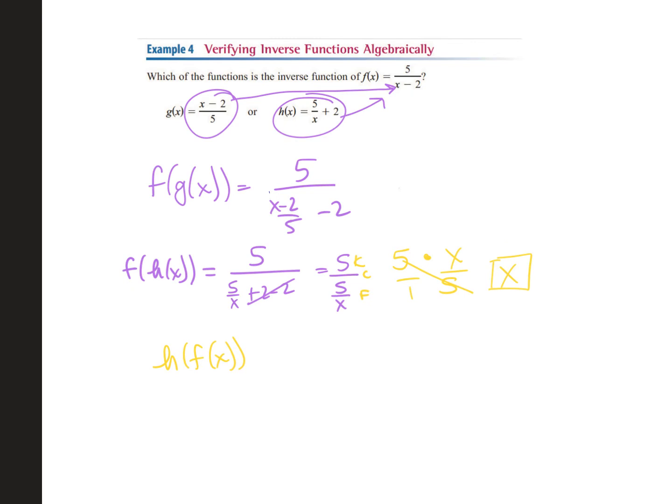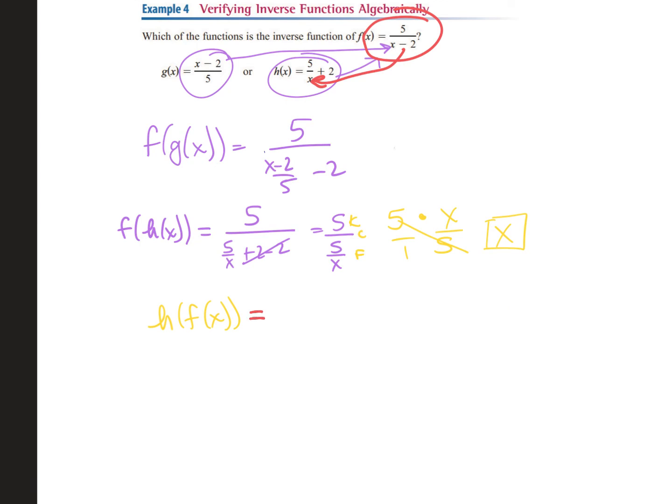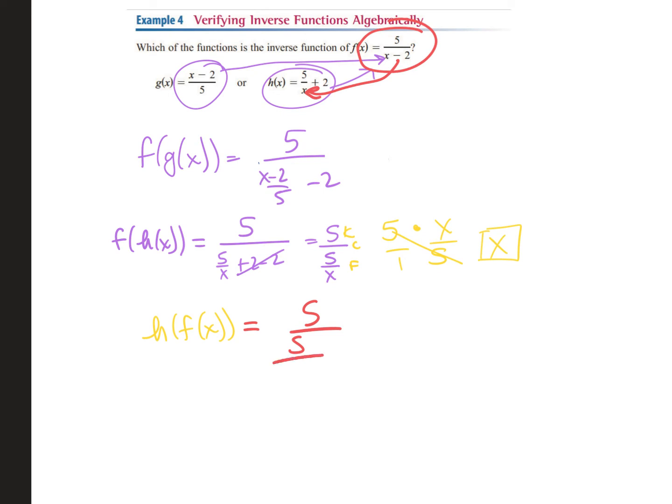All right, now if we did it the other way, if we said h of f of x, that means we take f and plug it into h, right? So we'll simplify from the inside out. So I have 5 over x minus 2, right? And then plus 2.